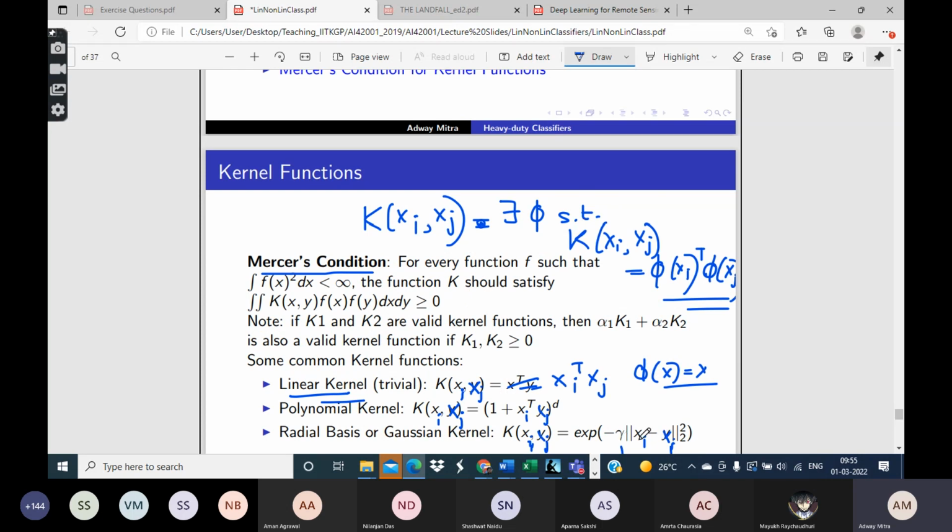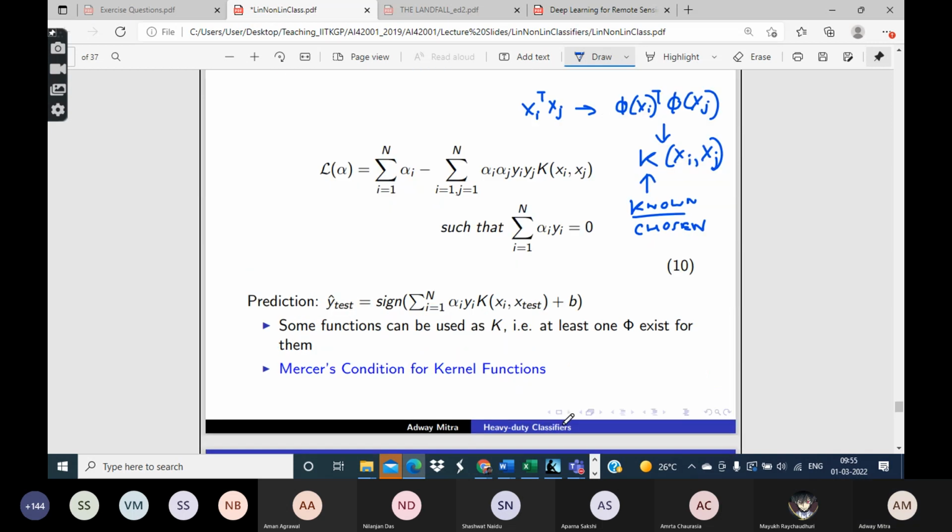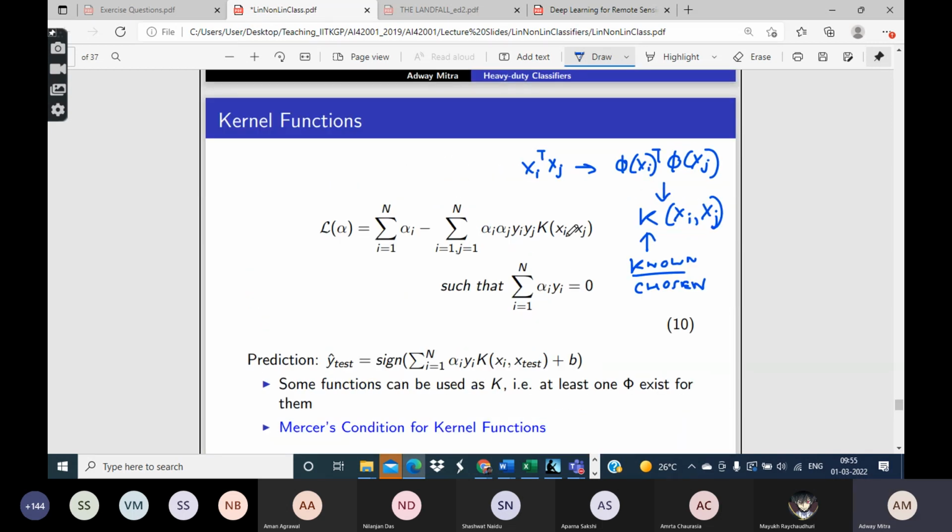Once I have fixed gamma and I know xi and xj, I can calculate this thing. So these yi yj are known, and these k of xi, xj I can also calculate. So it basically reduces to a function of only the alphas, as it was earlier, so I can solve it.